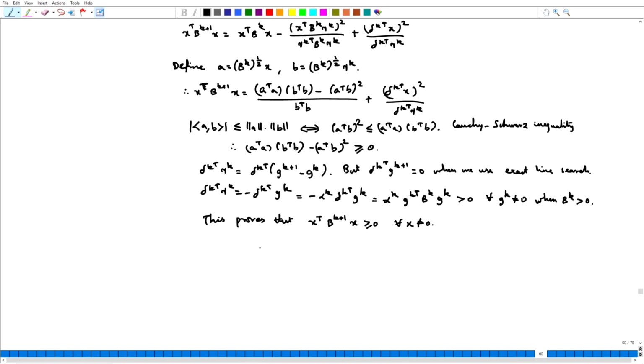Now, x transpose B_{k+1} x will be equal to 0 only when the numerators of both the terms are equal to 0. We know that the numerator of the first term is equal to 0 by the Cauchy-Schwarz inequality, when A transpose A into B transpose B is equal to A transpose B the whole squared, if and only if A is equal to lambda B for some scalar lambda.